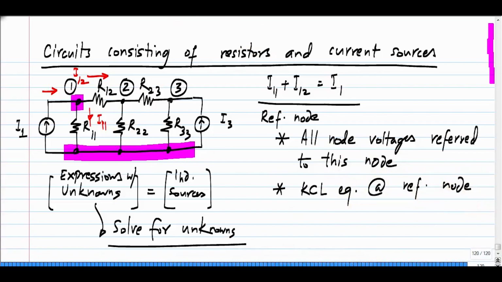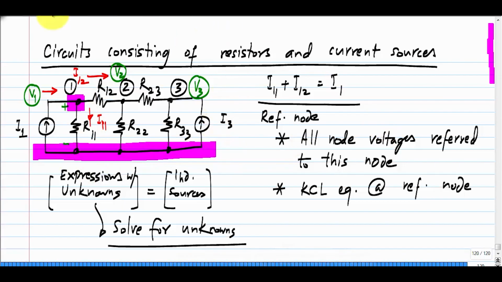In our particular circuit, this node at the bottom is the reference node, and I have these 3 variables here, V1, V2 and V3. These are the voltages with respect to the reference node. When I say V1, it is the voltage between this node and this reference node.